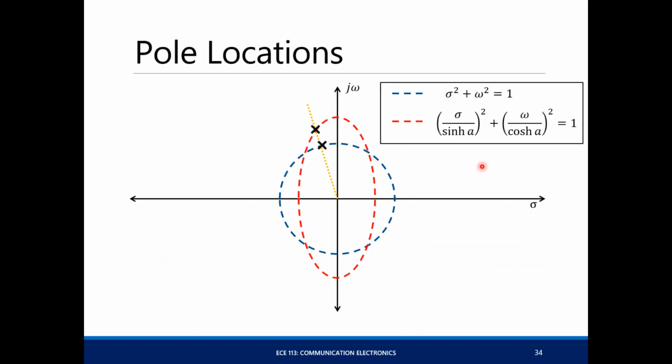This circle right here represents sigma squared plus omega squared equal to 1, as for a Butterworth filter. The poles of the Chebyshev filter would be located on this unit ellipse right here.